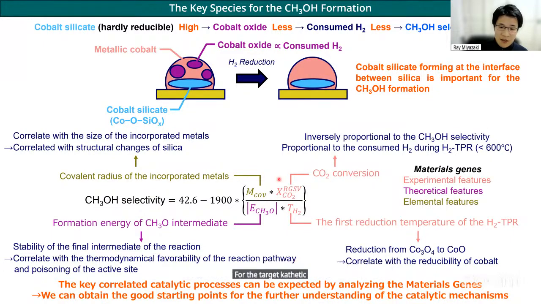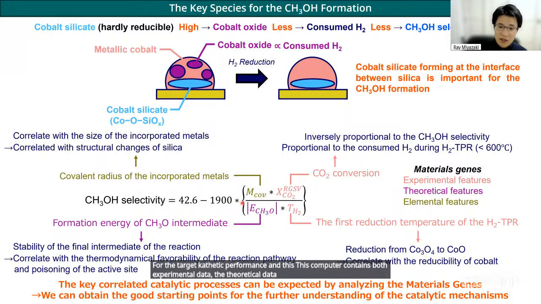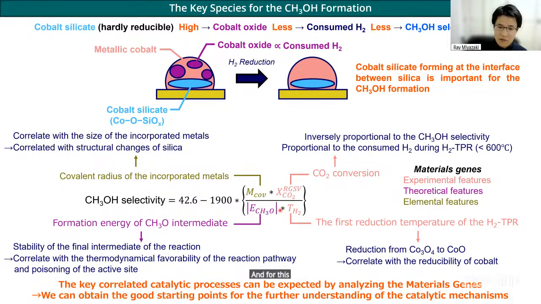And this descriptor contains both experimental data and theoretical data, and we can get a very good starting point for investigating the catalytic mechanism behind the reaction. And for this, of course, DFT calculation is very useful to extract some information.